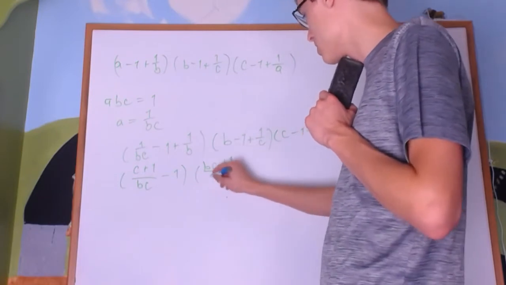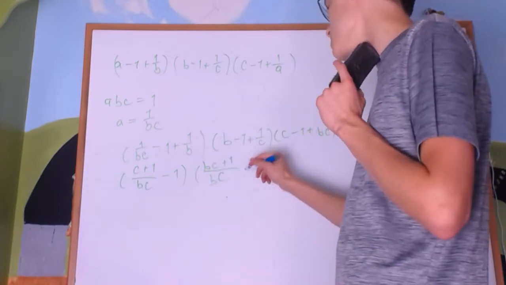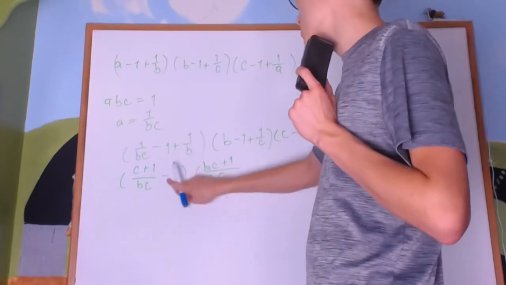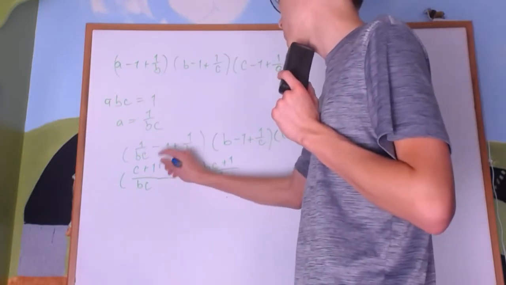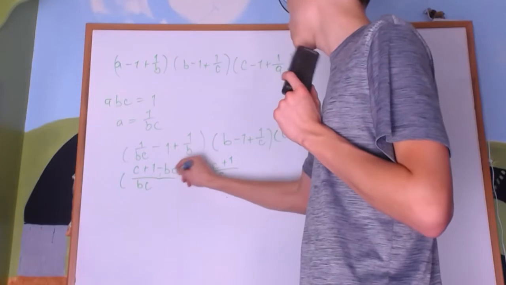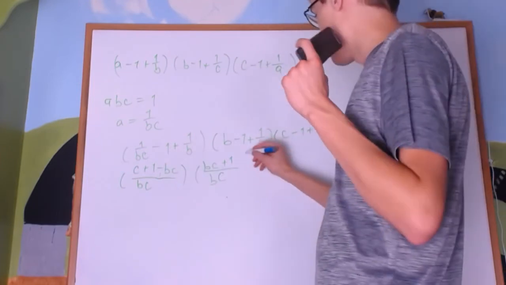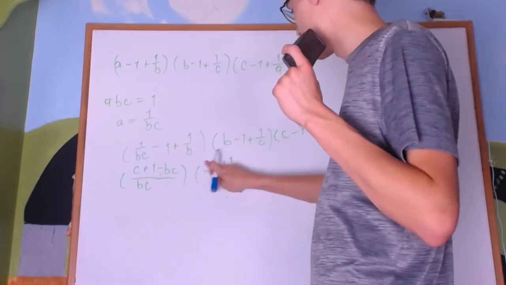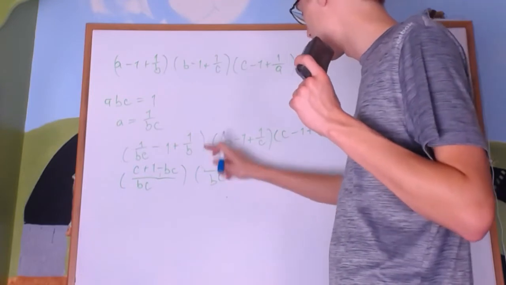Yes. BC plus 1 over BC. So that'd be a minus BC on the top, which makes this just a 1 over BC.